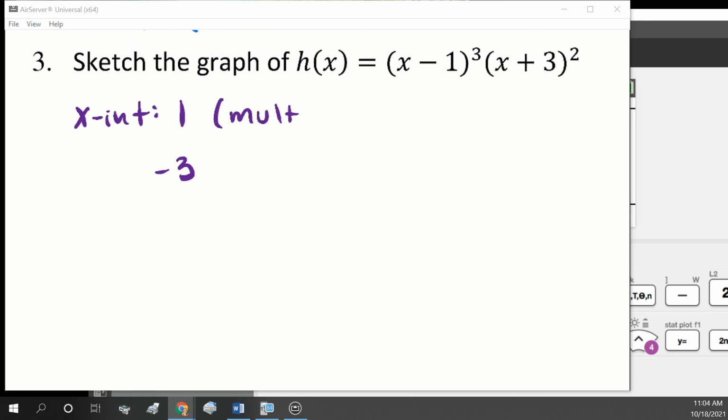It's whatever that power is. However many times the factor is repeated, that is the multiplicity. So it has a multiplicity of 3. So it is going to pass through the x-axis, but it's going to bend. It's going to have a little squiggle right there. And then the multiplicity of negative 3 is going to be 2.